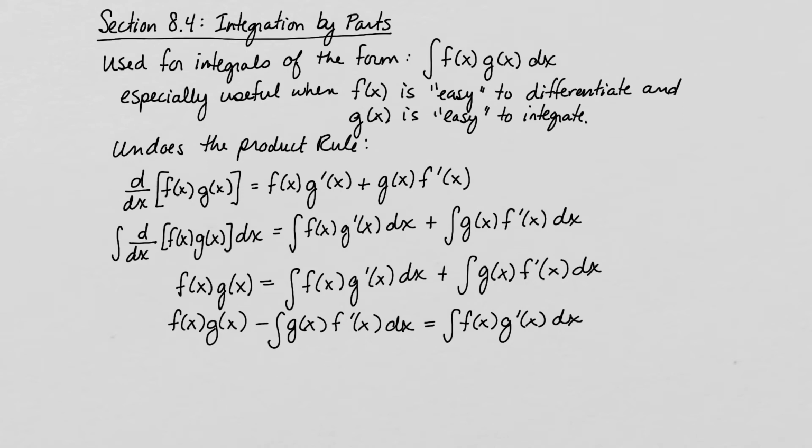And so essentially what I have here is what is called the integration by parts rule. However, usually when we talk about integration by parts, we don't talk in terms of f's and g's. We talk in terms of u's and v's. And so I'm going to rename some things. We're going to call f of x u. This here would be u prime.